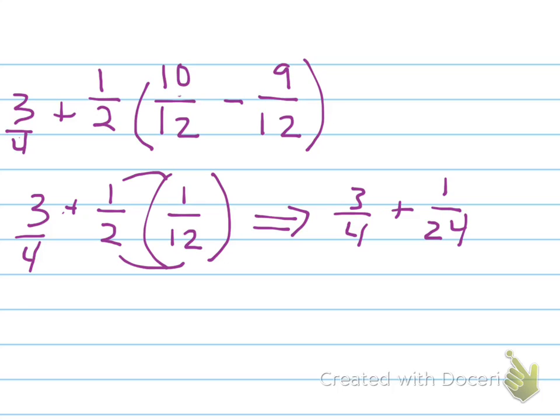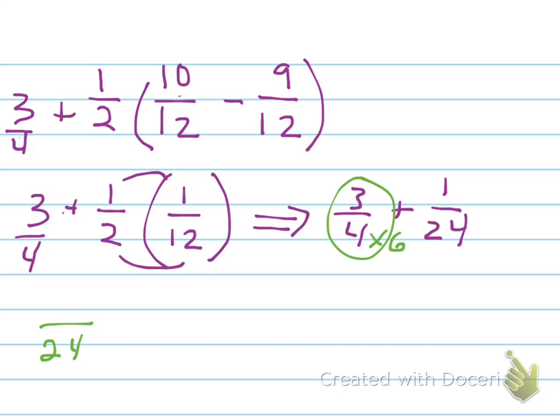Okay, so we have a simple addition problem now. Again, we need to find the LCD of the denominators 4 and 24. And 24 works. So this one is going to turn into, we have to times it by 6 in order to make 24. So it's going to be over 24.